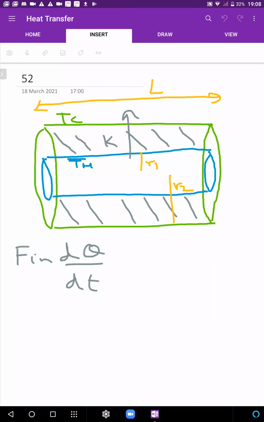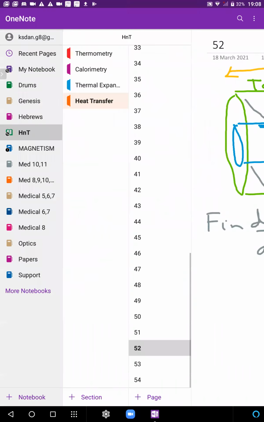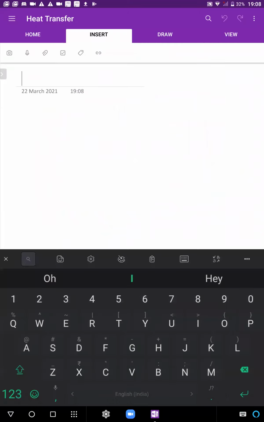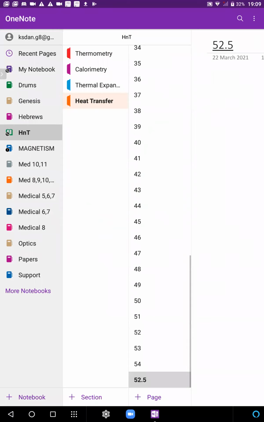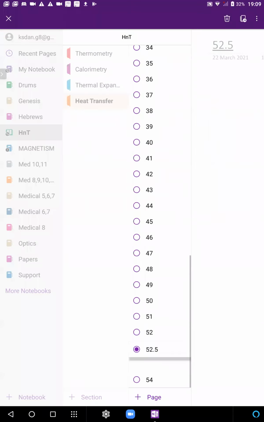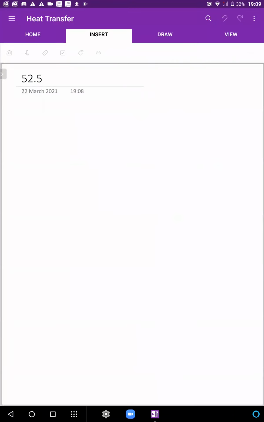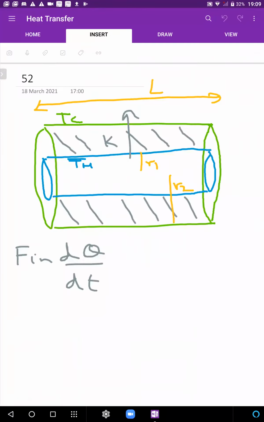Okay, so let's try this. In 52, we have this situation where heat is flowing from inside to outside.